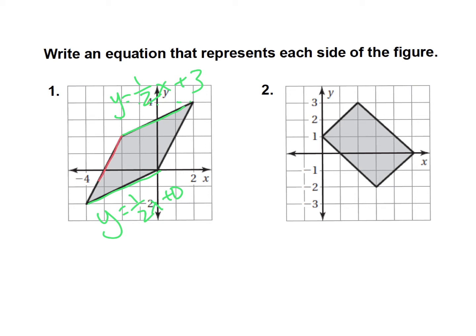These two sides, for this one at least, you would have to find your y-intercept. This one, our slope is 1, 2, 3, 4 over 2, so basically 2x plus 0. This one, if I go up 2 and up 2 more, this would be 1, 2, 3, 4, 5, 6. So this would be y equals 2x plus 6. And I'm not going to worry about the second one here.